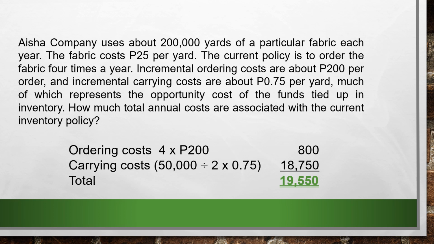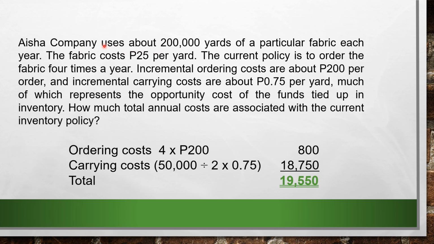So we have here another problem in getting total annual cost associated with inventory policies. Aisha company uses about 200,000 yards of a particular fabric each year. The fabric costs 25 pesos per yard.